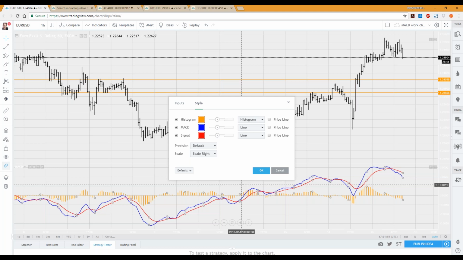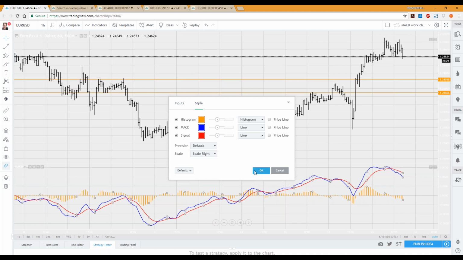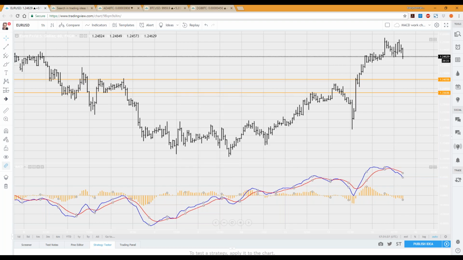That's only for this class. Okay. You can make them any color you want. And the best part of doing this on your own is you'll know exactly which is the signal line and which is the MACD line because you've put them on in the colors that you have in your head. Doesn't matter what colors you're using, just so that you understand them.